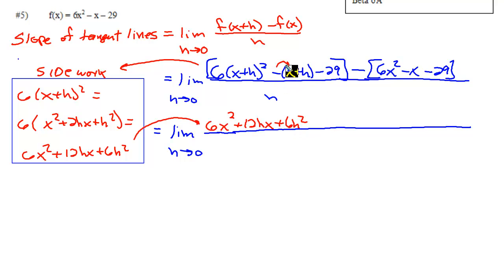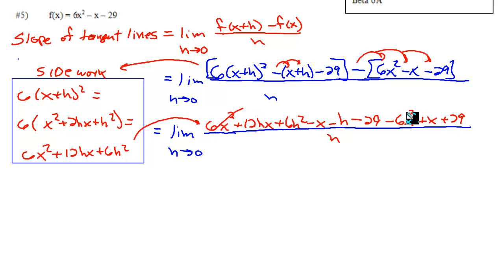Subtract from that, distribute the subtract, and you get subtract x squared, subtract h. Pardon me. Subtract x, subtract h. And bring down the minus 29. Distribute this subtract. You get a subtract 6x squared plus x plus 29, all divided by h.